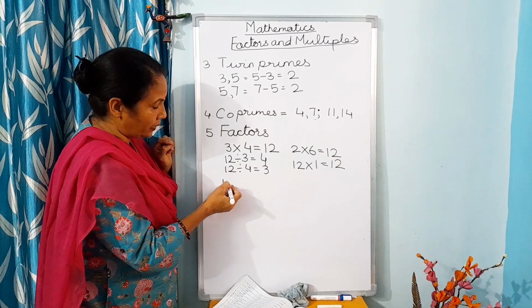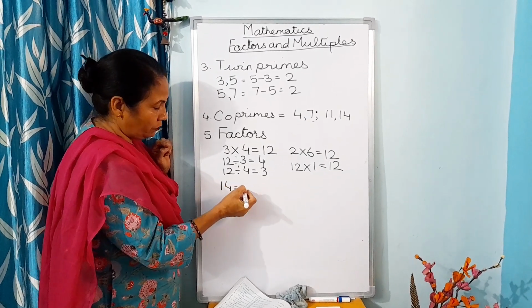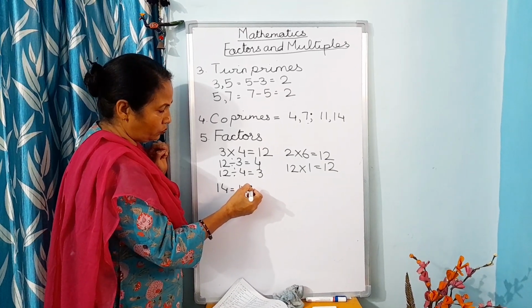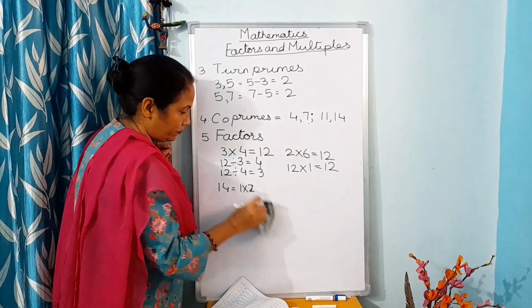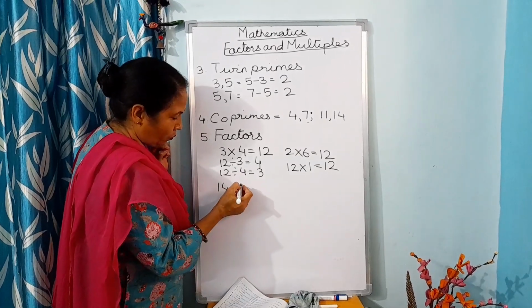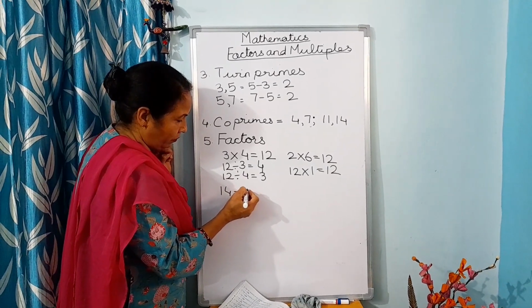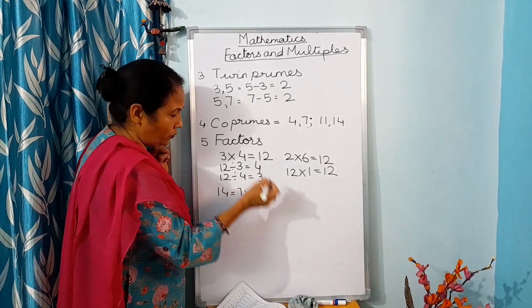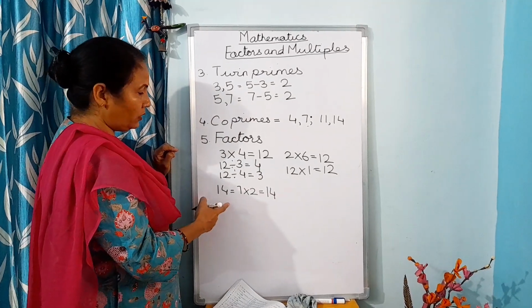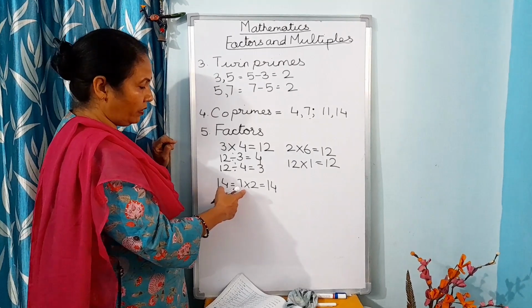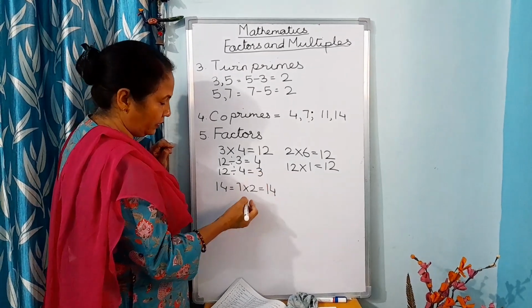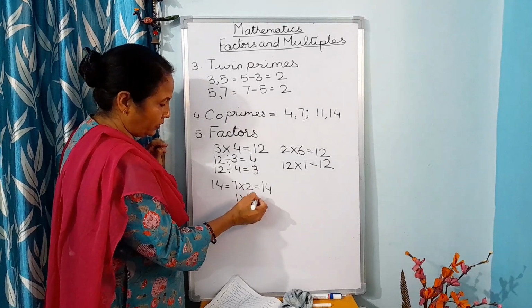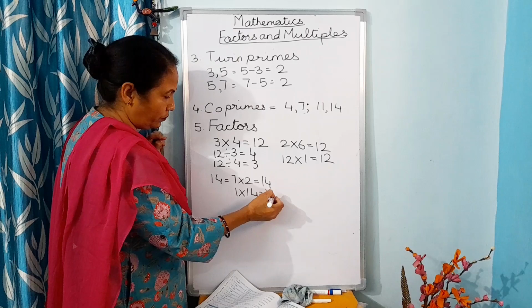I'll give you an example of 14. 1 into 14 is equal to 14, and 7 into 2 is equal to 14.